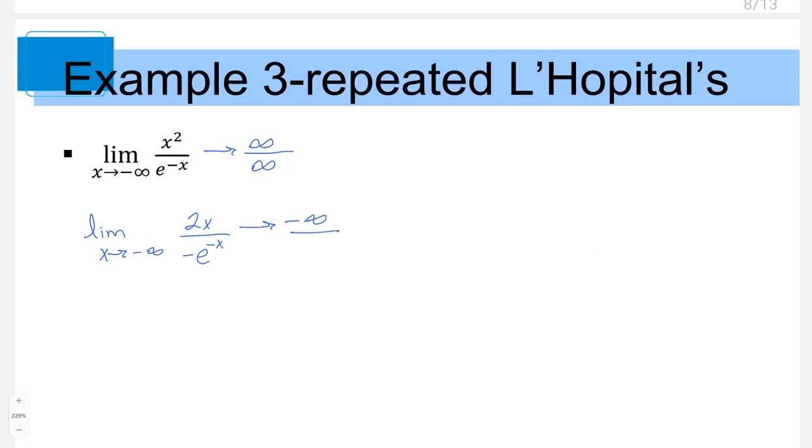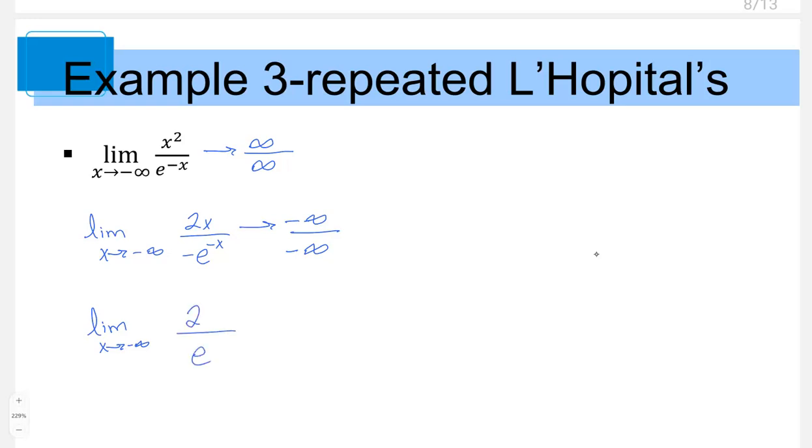So e to a positive exponent is going to grow without bound, but because it's negative, it's going to head towards negative infinity. So I get to apply L'Hopital's again. What's nice about L'Hopital's is that as long as you get 0 over 0 or infinity over infinity, you can keep doing it.